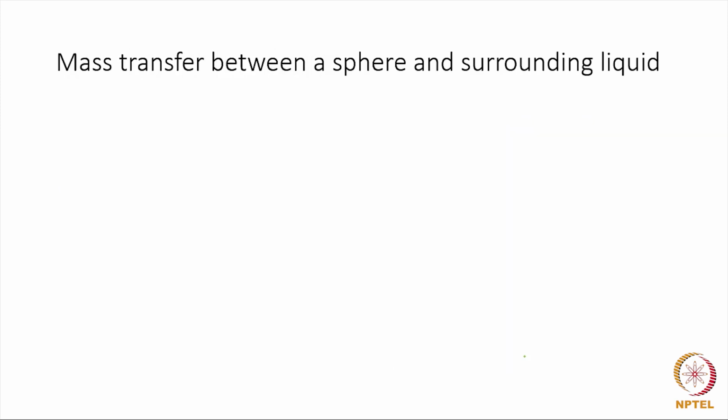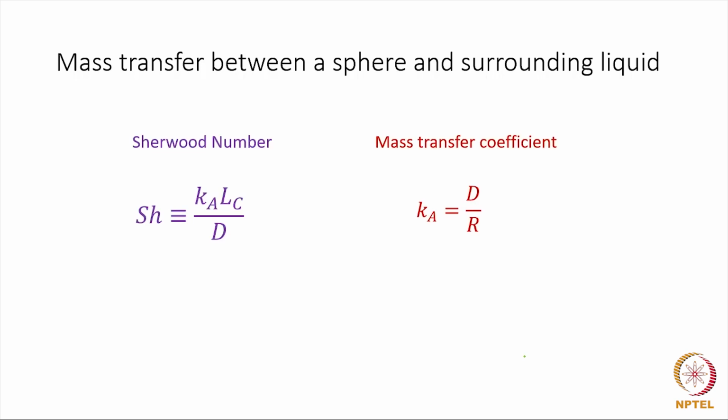Okay, and for that we illustrate by revisiting the problem of mass transfer between a sphere and the surrounding liquid, where we said that the mass transfer coefficient is given as D by r, and the Sherwood number we have defined just now as k Lc by D, and let us say Lc is 2r, because normally the characteristic dimension for a sphere is the diameter, which is 2r.